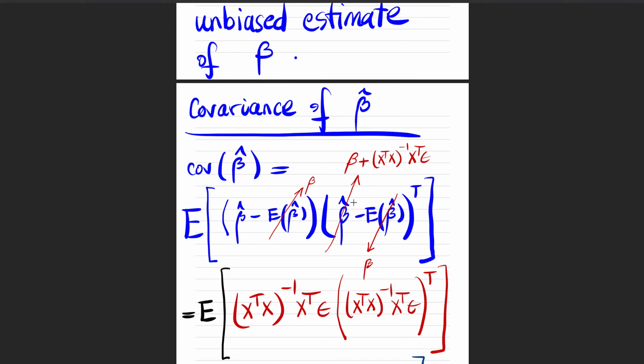On the other hand, beta hat is just beta plus X transpose X inverse X transpose epsilon. So if you subtract these two, you end up with X transpose X inverse X transpose epsilon, transpose.